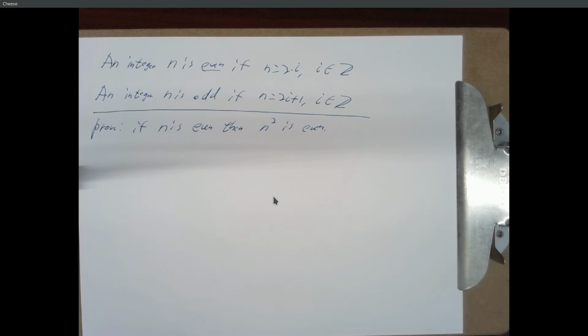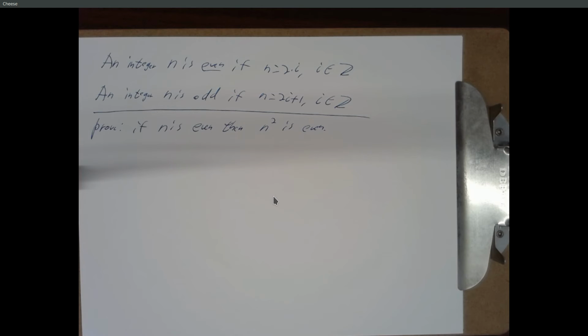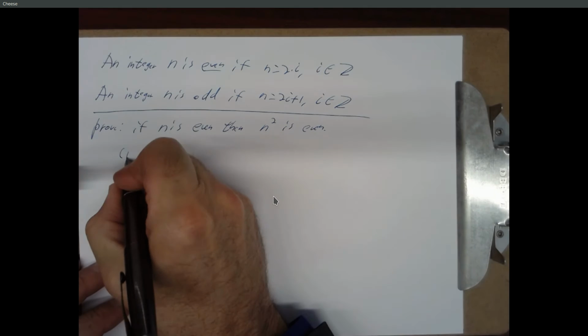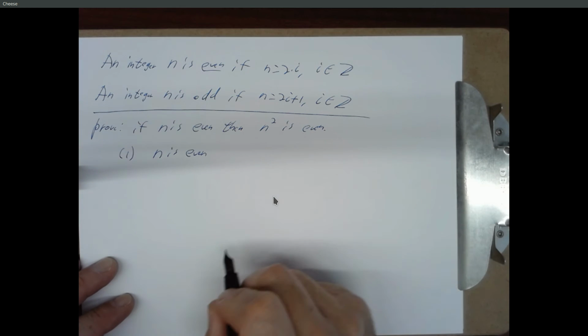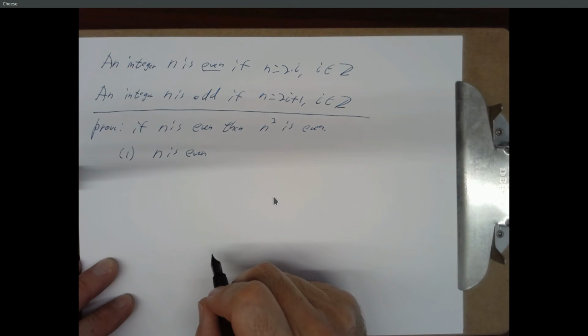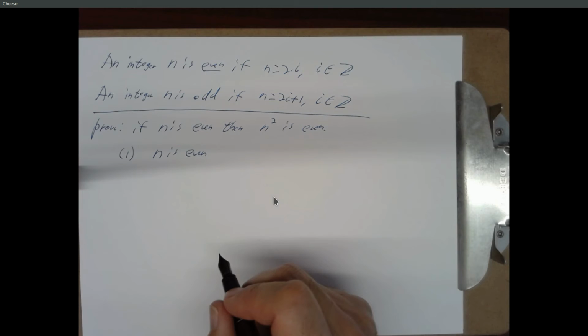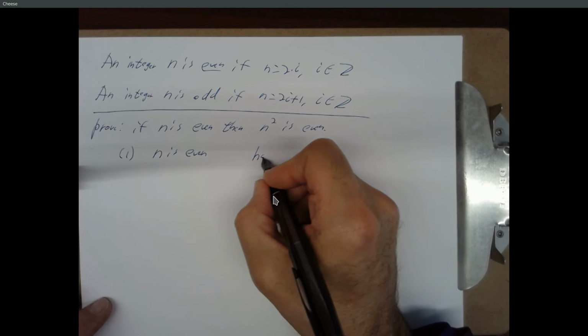So let's prove if n is even, then n squared is also even. So the square of an even number is even. So step one, I'm going to say n is even. And why do I know that n is even? Well, I don't. That's my hypothesis.